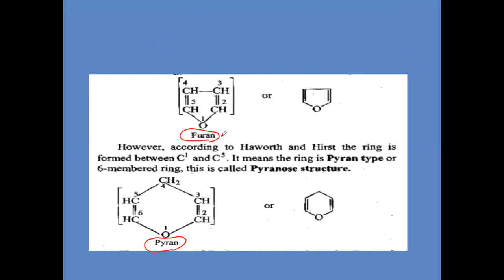And furan means a 5-membered ring with 2 double bonds and 1 oxygen. Here it is a 6-membered ring with 2 double bonds and 1 oxygen. So pyran, furan. Glucose resembles pyran, so it is called glucopyranose. And fructose resembles furan, that's why it is fructofuranose.